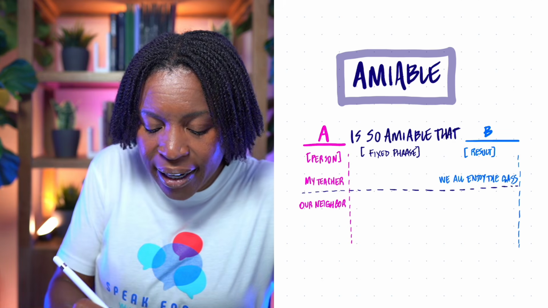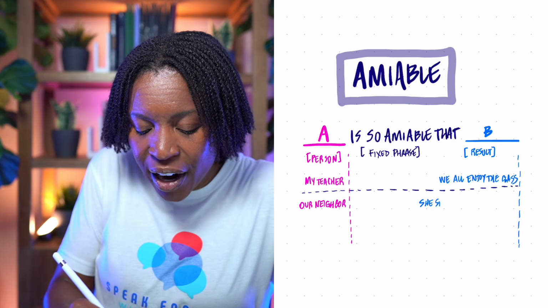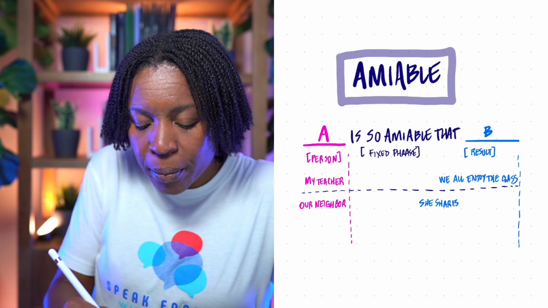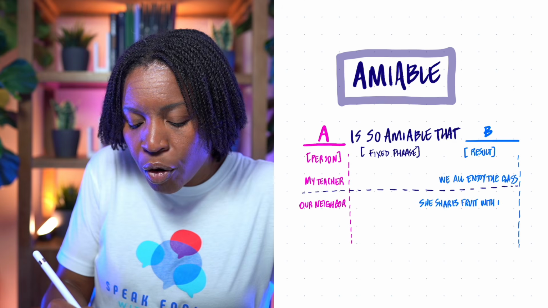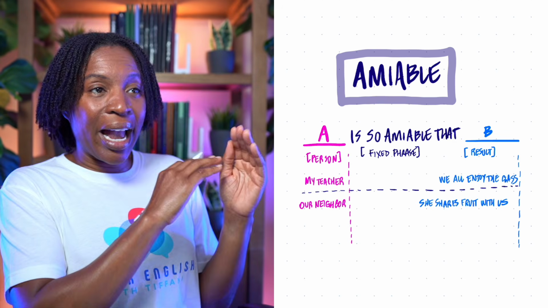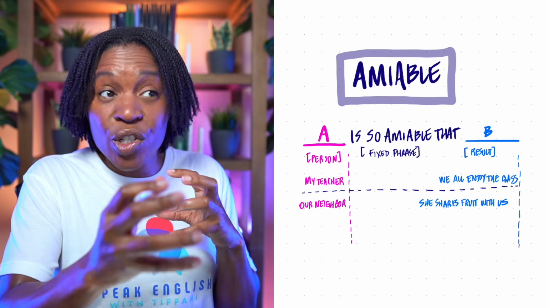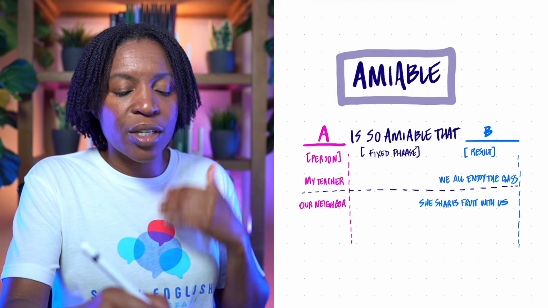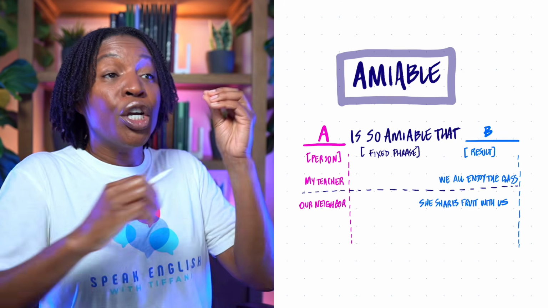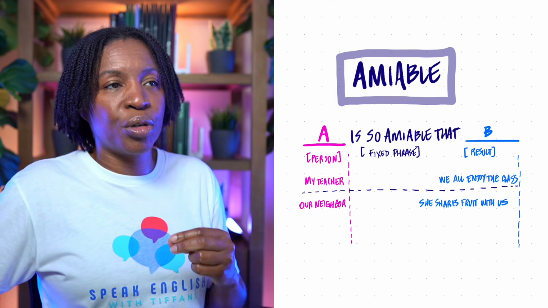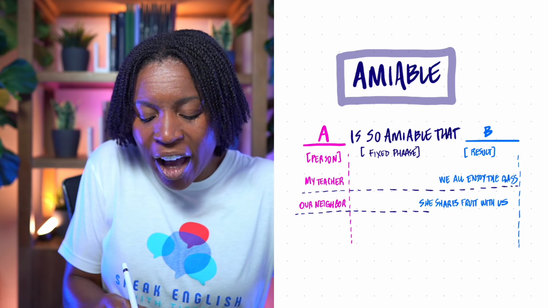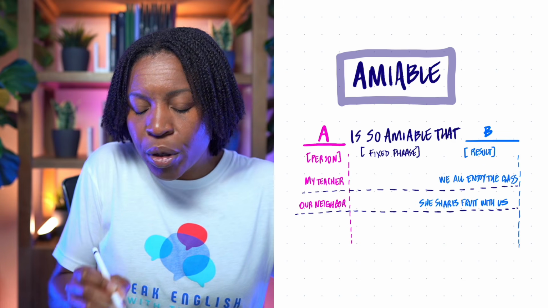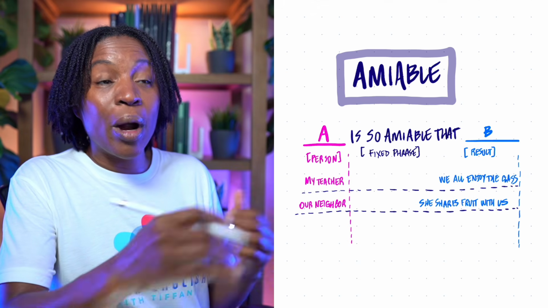Letter B is she shares fruit with us. So letter A, our neighbor. Letter B, the result, she shares fruit with us. So our second example sentence is, our neighbor is so amiable that she shares fruit with us. Makes sense, right?